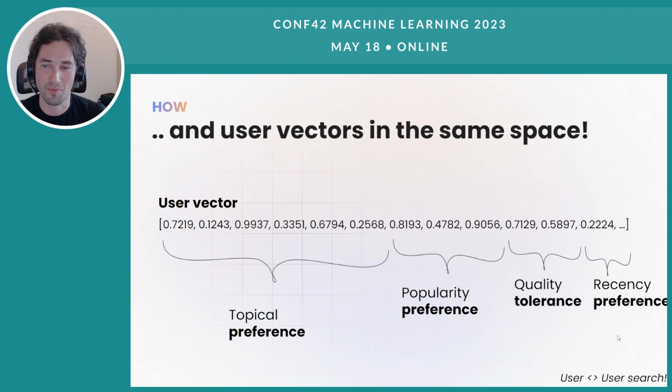What you can also do with this, I have this note here in the bottom right corner, is user-to-user search. You can discover users that behave similarly. This is useful for lookalike audiences, for bot detection, for recommending people to each other to engage. Dating apps, obvious use case.